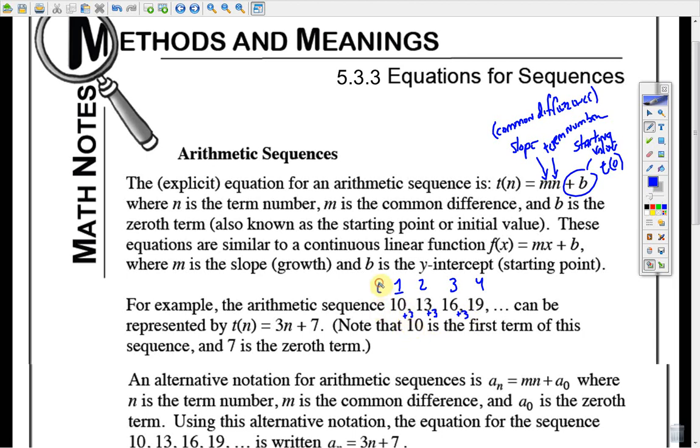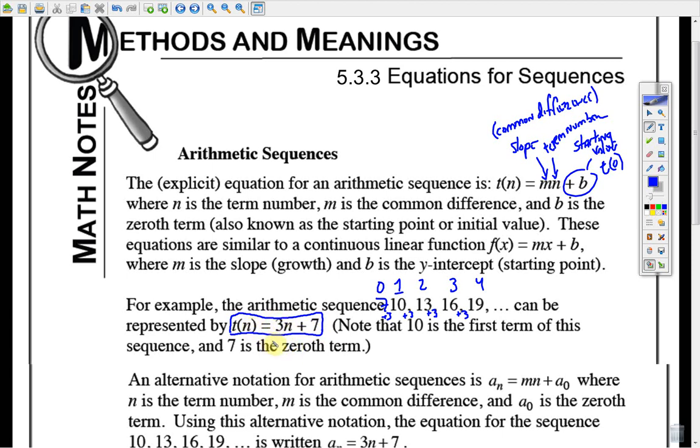So our 0th term must be 7, because 7 plus 3 gives us 10. That means that we can generate this equation: t of n equals 3n plus 7. So that's the 0th term, there's our slope or common difference, and that gives us the equation.